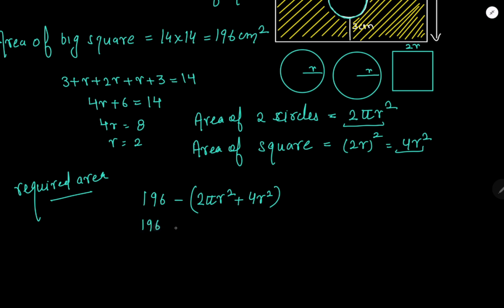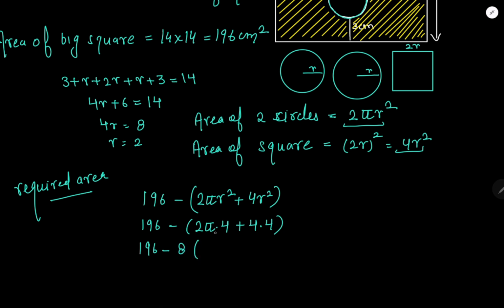First I will substitute the value of R. R is 2, so R square is 4. So this means 196 minus, now we can take 8 common.